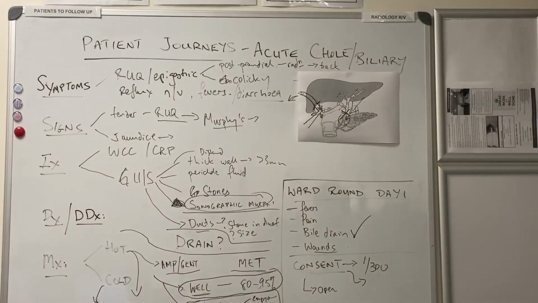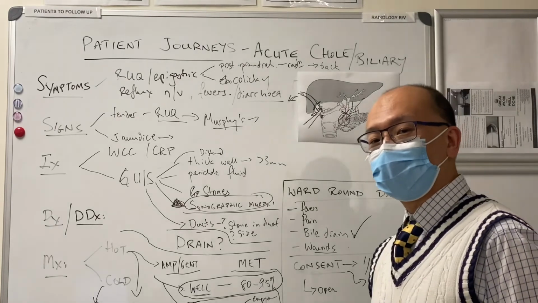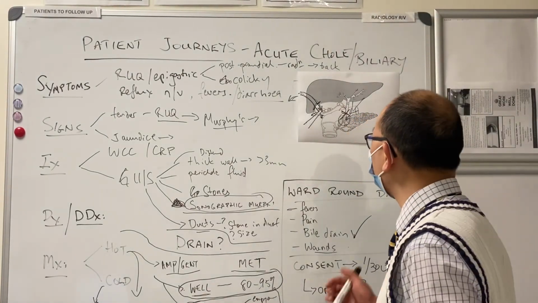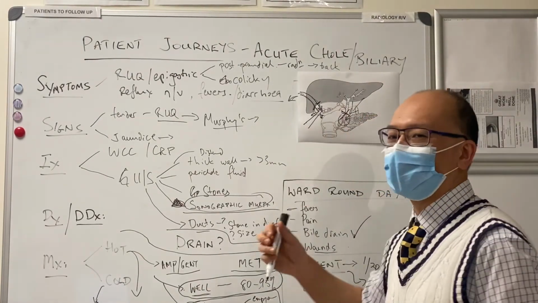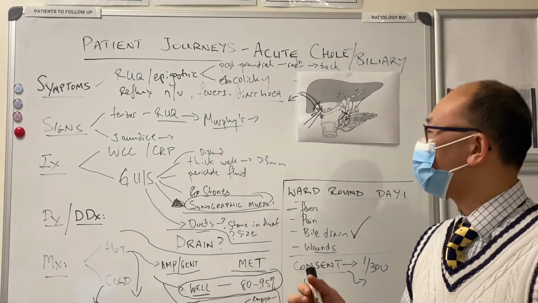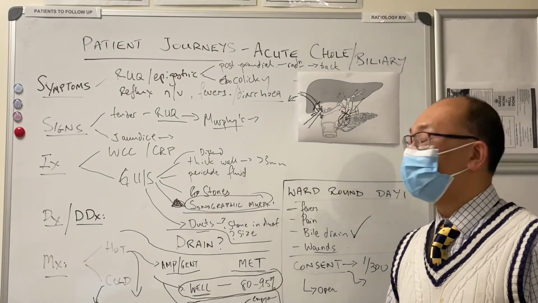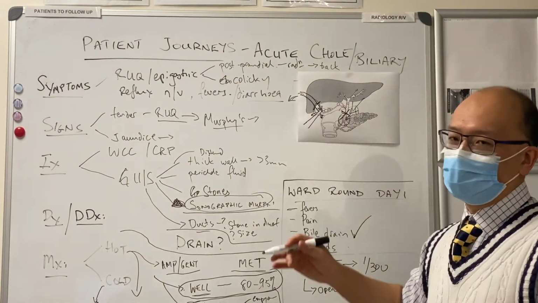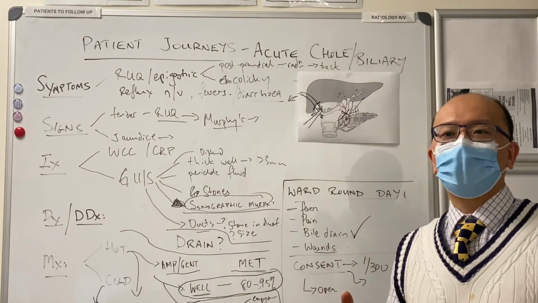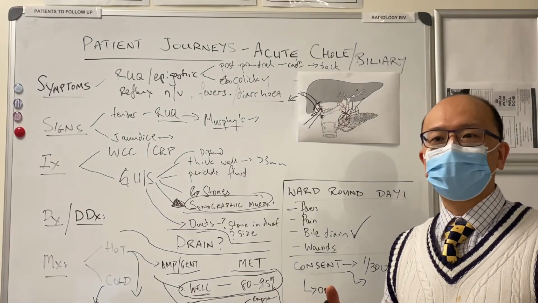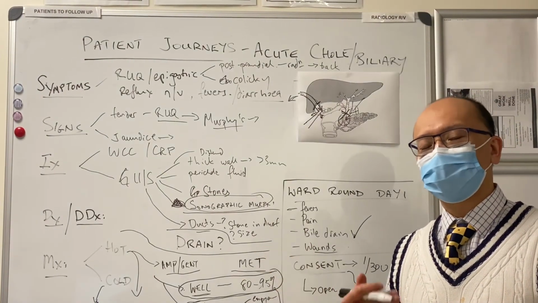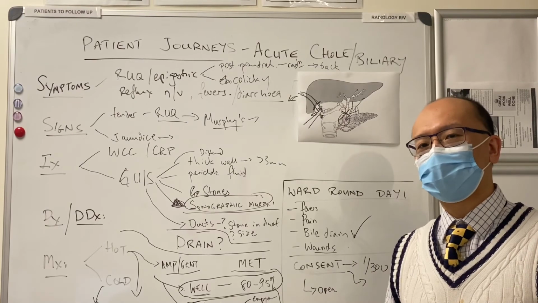Clark asks a really good question. What happens if there's a stone in the common bile duct? Either diagnosed beforehand on your ultrasound or intraoperatively. If you know about it beforehand, you can do an ERCP, and Dr. Harrison does that, and he can whip the stone out.